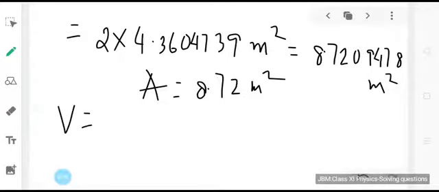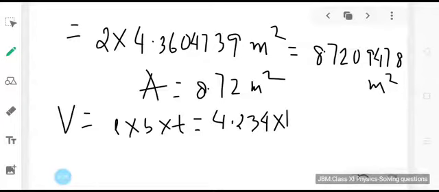Similarly, volume will be equal to length into breadth into thickness. That will be equal to 4.234 into 1.005 into 0.0201.